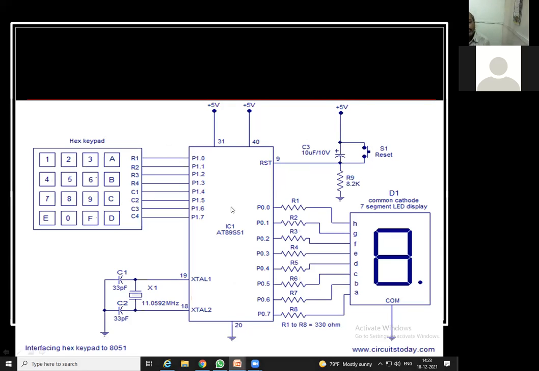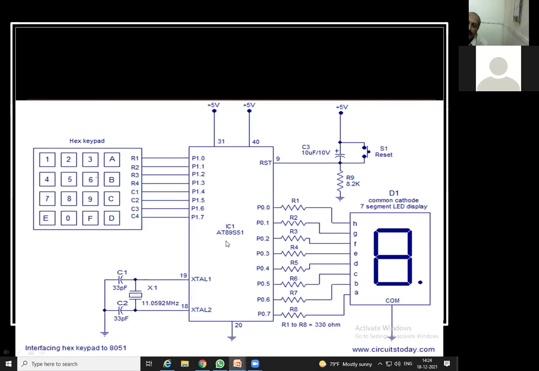This is the actual setup when you are going to make the physical connections. Here we have taken the 7 segment display, which is well known to us as one of the output devices. And the input device is the hex keypad, by which you can press any key, and through it the 8051 gets the input. Here it is an Atmel 89S51.